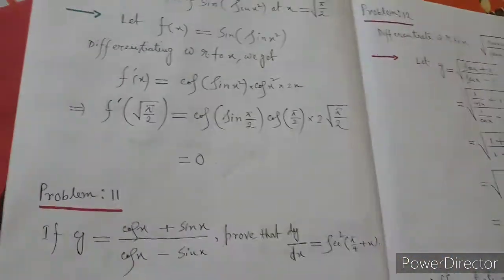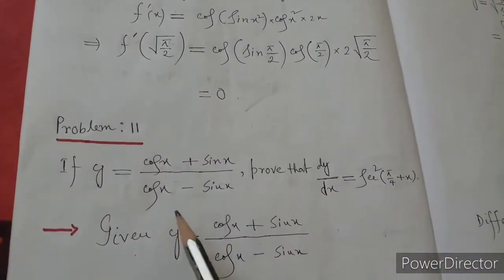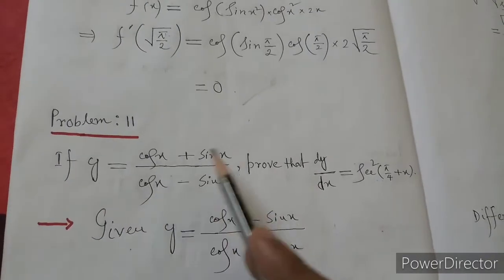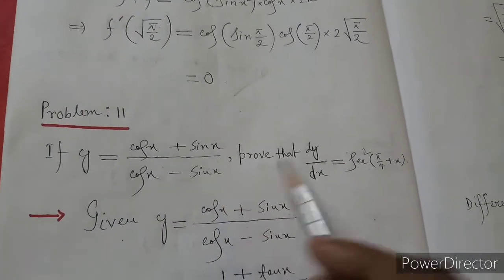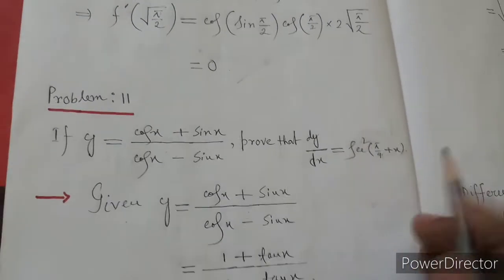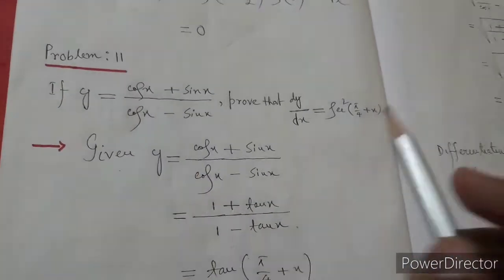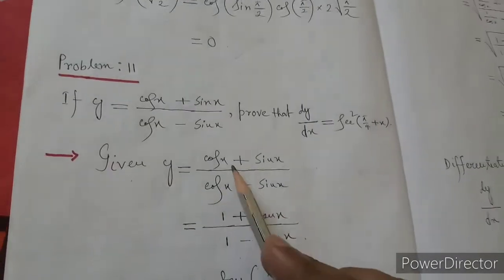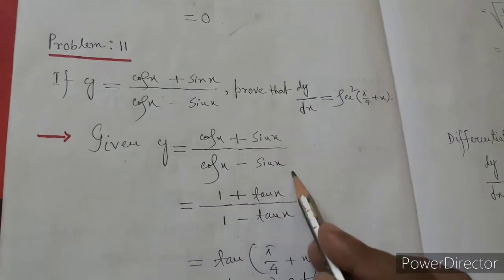So now problem number 11. If y equal to cos x plus sin x by cos x minus sin x, prove that dy by dx equal to sec square of pi by 4 plus x. How to solve it? Given y equal to cos x plus sin x by cos x minus sin x.